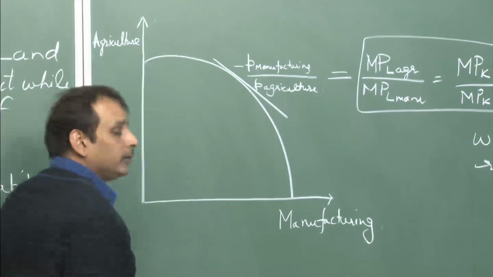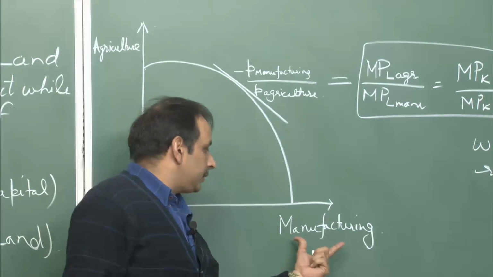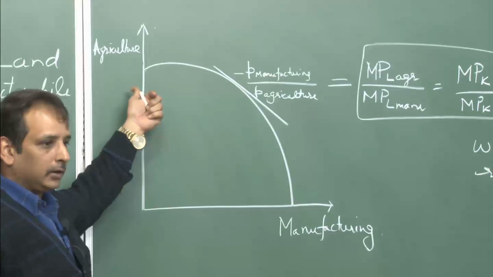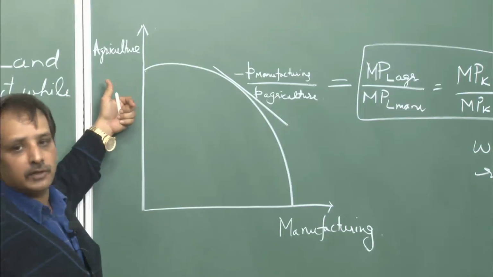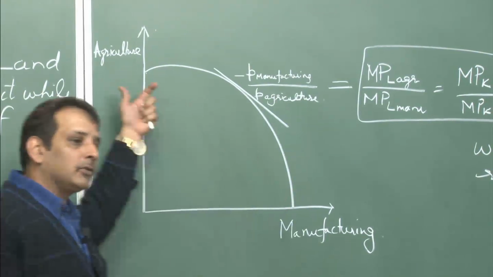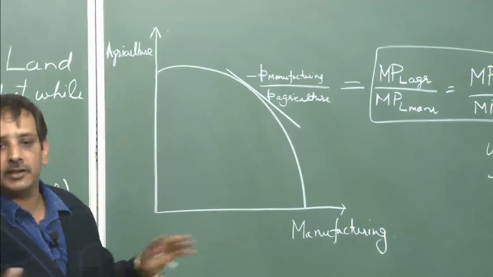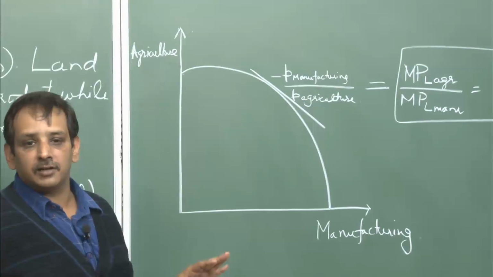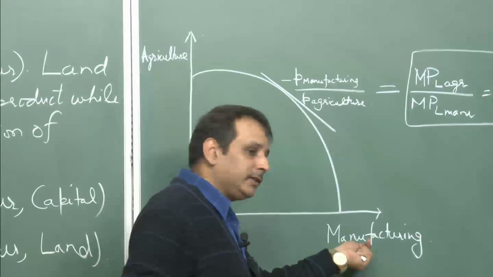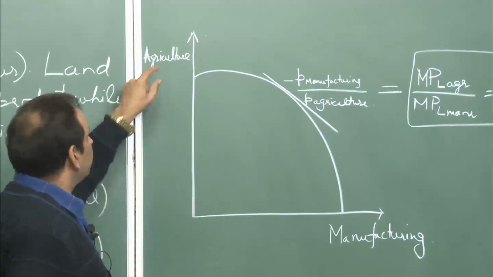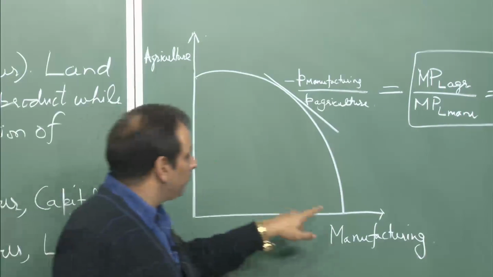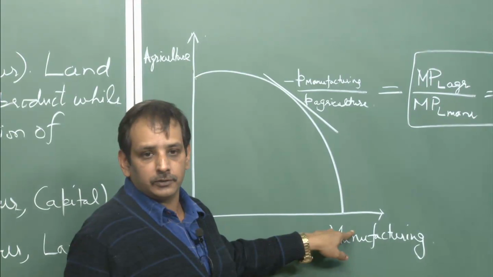The general case is, for example, one good uses capital and labor, another good also uses capital and labor, but one good is capital intensive and another is labor intensive. We are not discussing that. We are discussing a peculiar case where one factor is specific to manufacturing and another factor is specific to agriculture. Land is specific to agriculture, capital is specific to manufacturing.